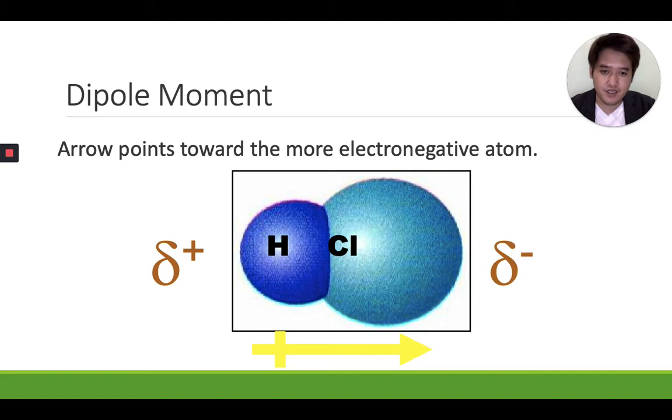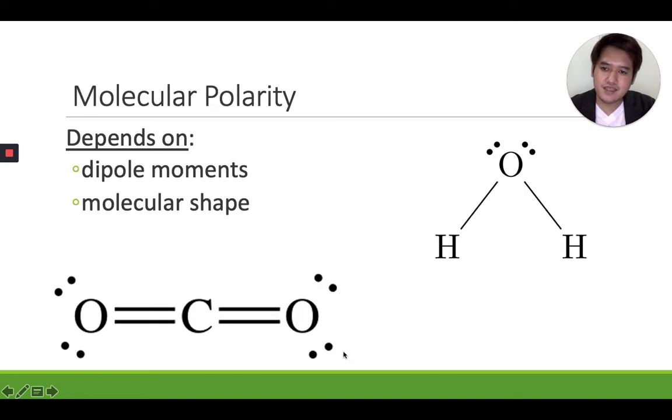There's a polar bond between the hydrogen and the chlorine atom, since chlorine is way more electronegative than hydrogen. So in this area, we have a partially negative end, and in this area, we have a partially positive end. The yellow arrow represents the dipole moment. In studying molecular polarity, it depends on the dipole moments and how they are arranged, as well as the molecular shape.